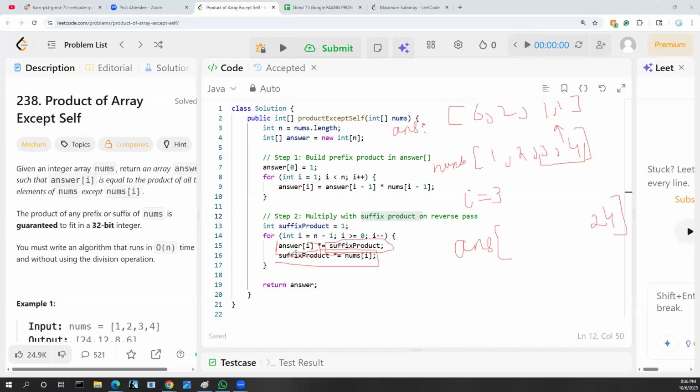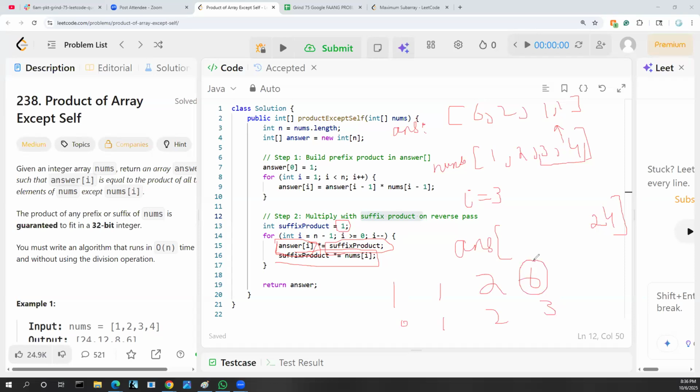Okay, so answer of I, this is where I'm storing my answer. Suffix product initially is going to be 1. As I'm taking I equal to 3, my initial array was 1, 1, 2, 6, with indices 0, 1, 2, 3.